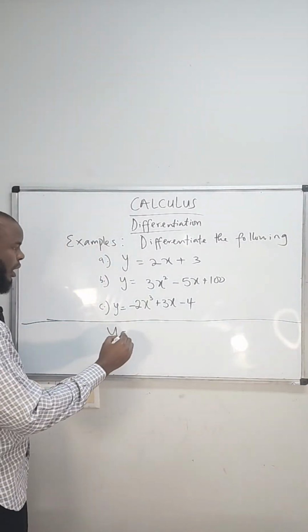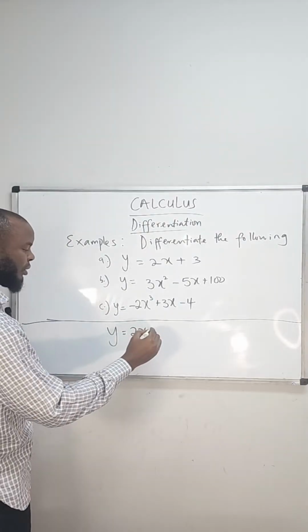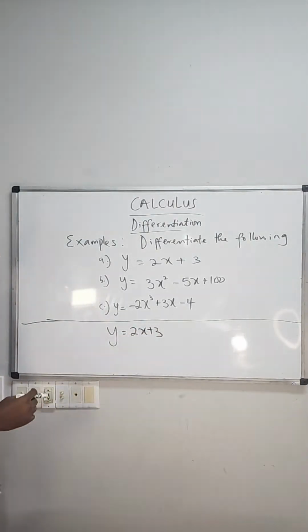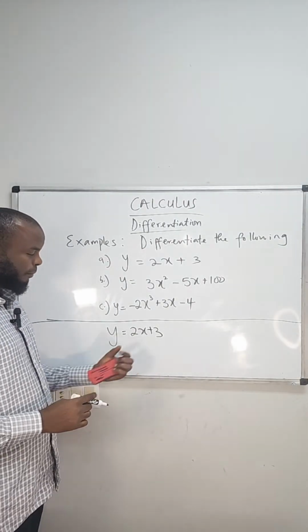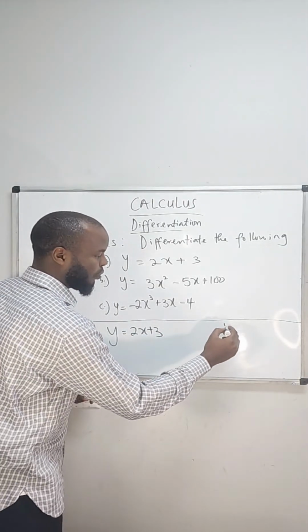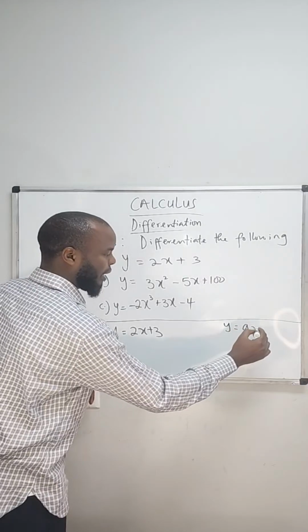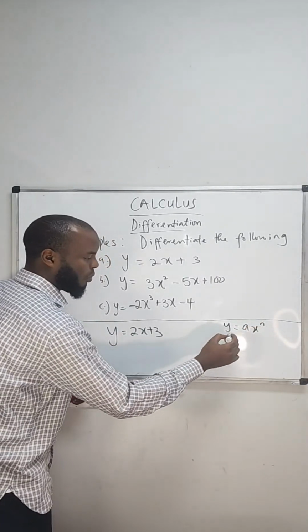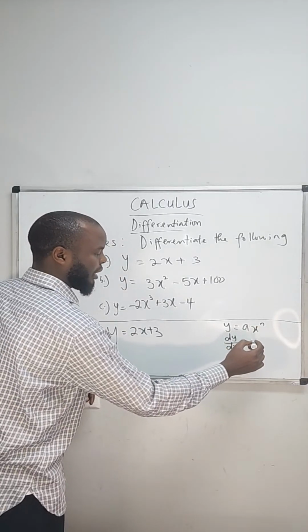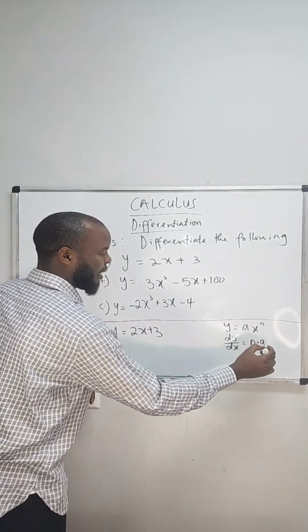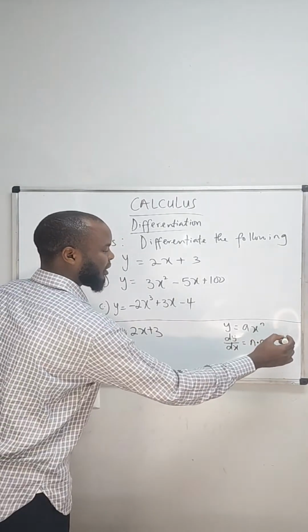Here we have y equals 2x plus 3. If you want to differentiate this, don't forget the rule that says what? If your y is ax to the power of n, I told you that dy/dx is going to be n times ax to the power of n minus 1.